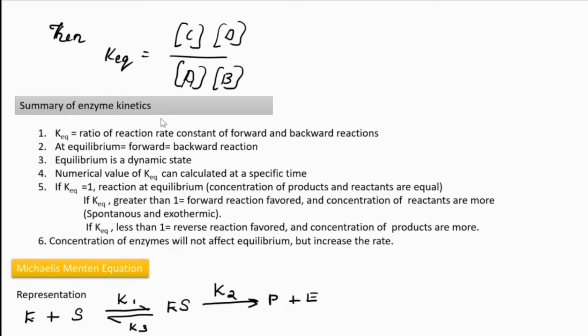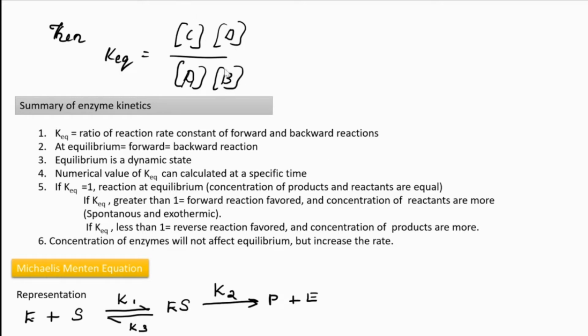Then we can view the summary of enzyme kinetics. These are certain terms we come across while going through this derivation. K equilibrium is the ratio of the reaction rate constants of the forward and backward reactions.